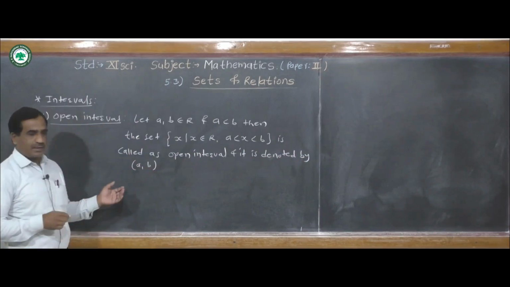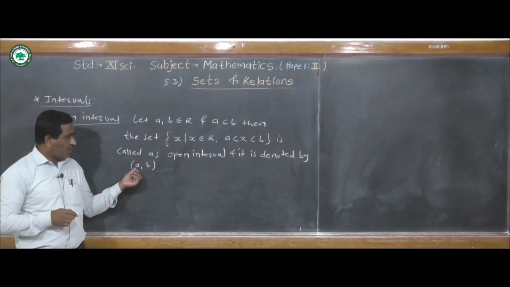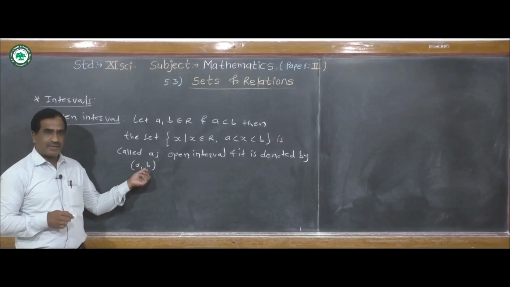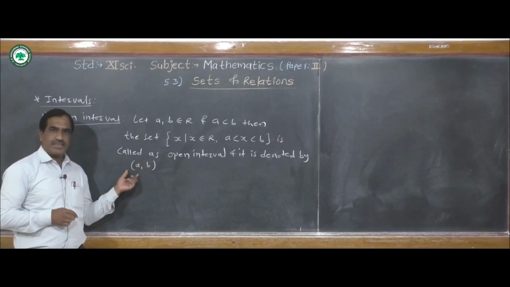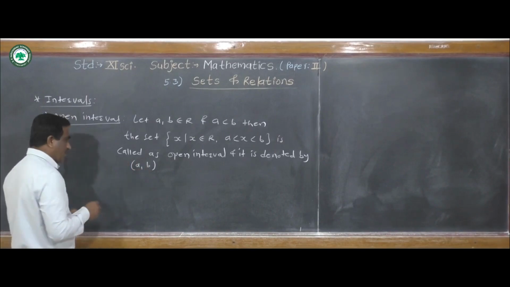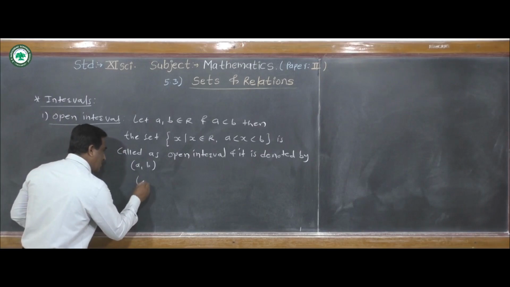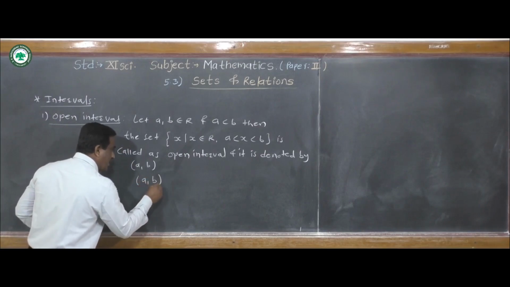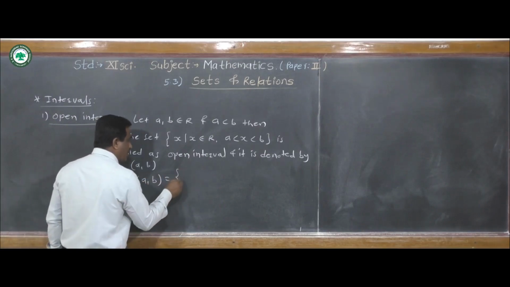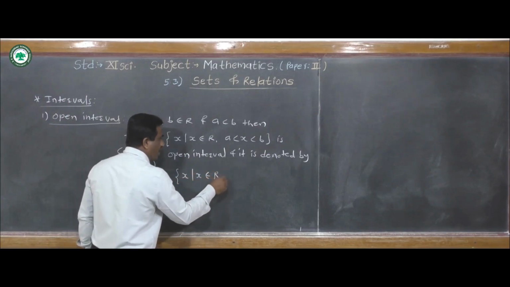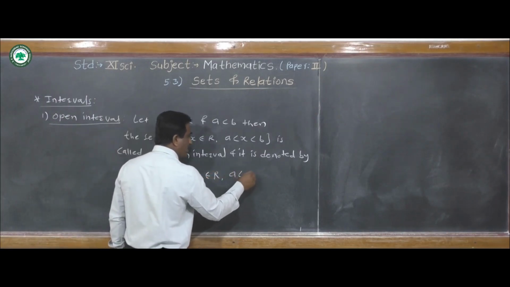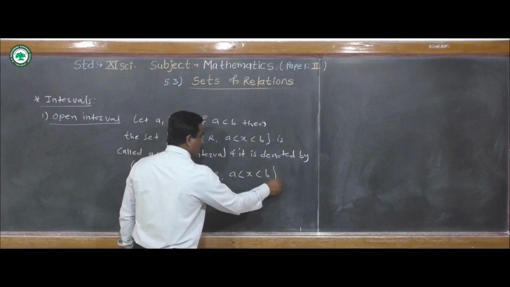This interval represents the values between a and b; a and b are not included in this interval. Mathematically, the open interval (a, b) is equal to {x such that x belongs to R and a less than x less than b}.